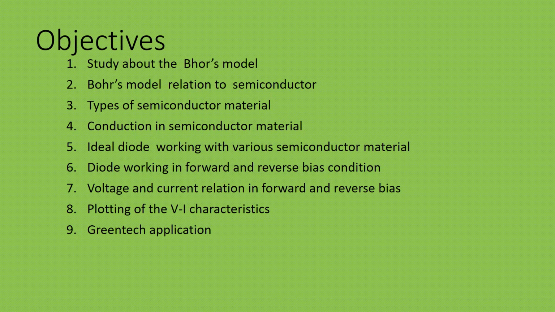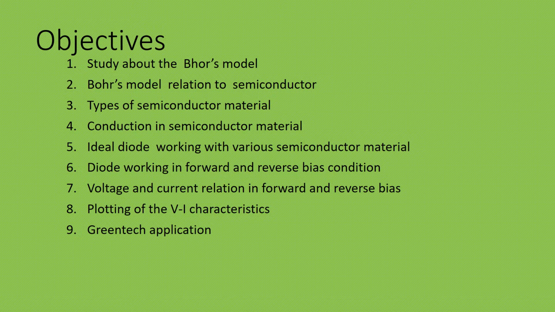The objective of the slide will be to study the Bohr's model in relation to semiconductor material. Then, thirdly, the types of semiconductor material. What are the various types? Then how do semiconductor materials conduct? And how does this semiconductor material lead to the development of electronic devices?